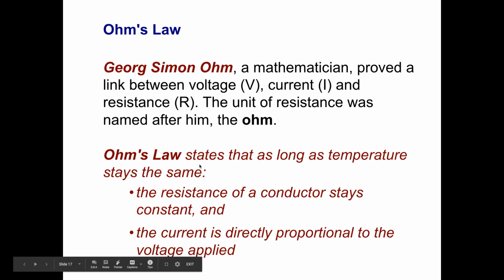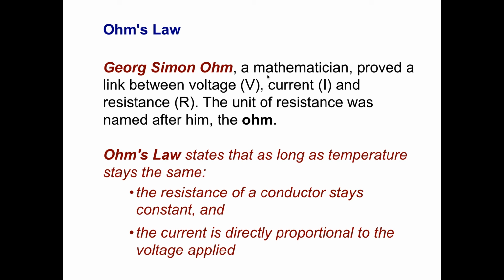Because of this relationship between resistance, current and voltage, George Simon Ohm came up with what we now know as Ohm's law. He related current, resistance, and voltage together. Basically what he said was at constant temperature, the resistance of a conductor will stay constant.